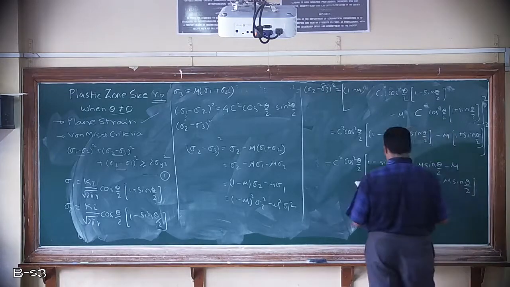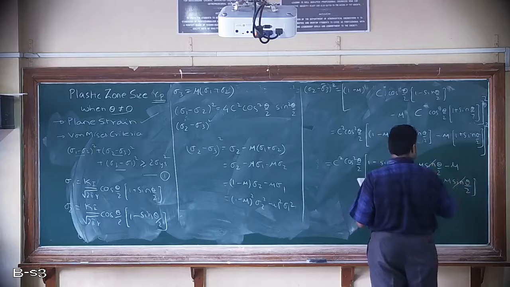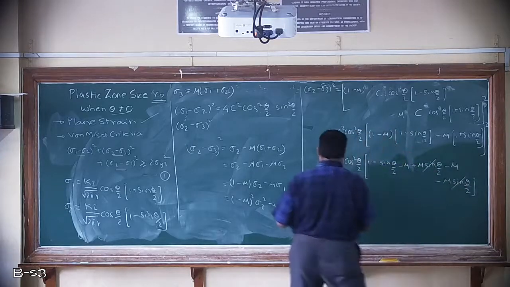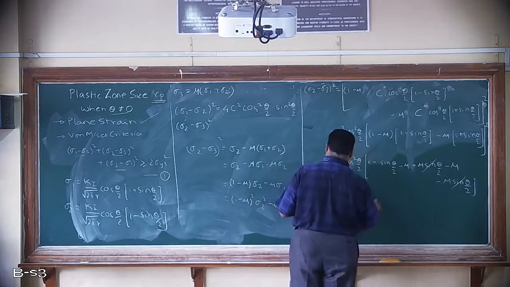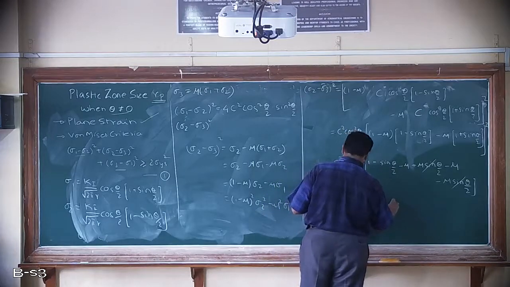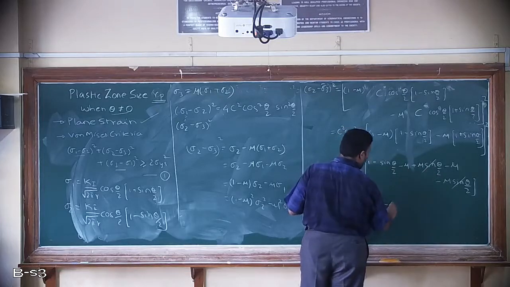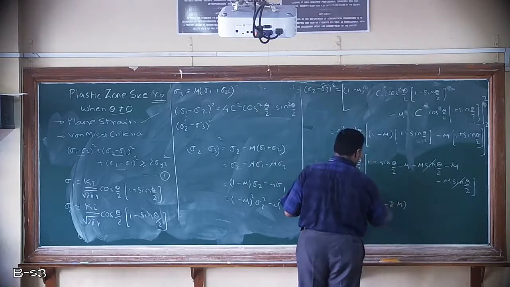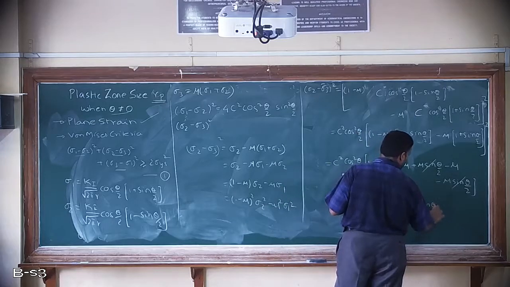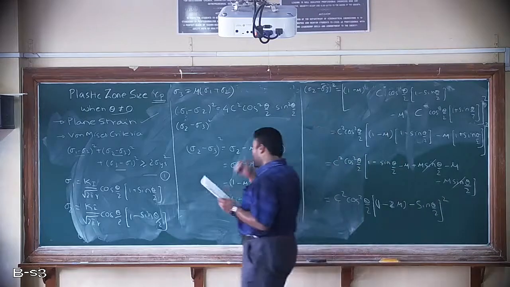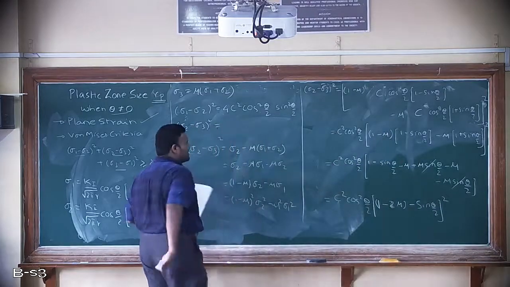So the plus mu sin theta by 2 and minus mu sin theta by 2 get cancelled, and what remains is c square cos square theta by 2 into 1 minus 2 mu in the bracket, minus sin theta by 2, and this will be the whole square, and this will be the equation for sigma 2 minus sigma 3.